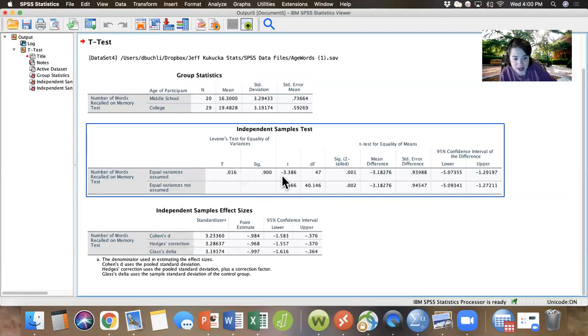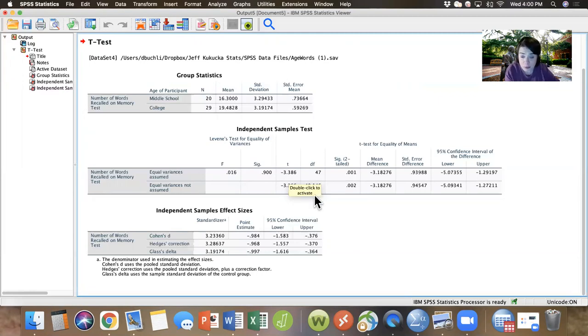And that negative is there because your group 1 mean is below the group 2 mean, okay? Your degrees of freedom is 47, and your significance value is 0.001, okay?